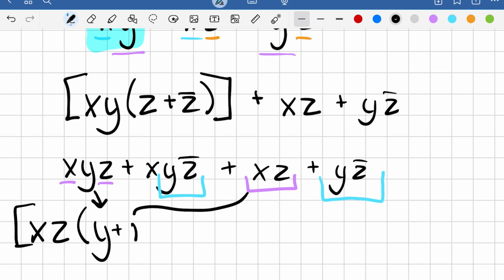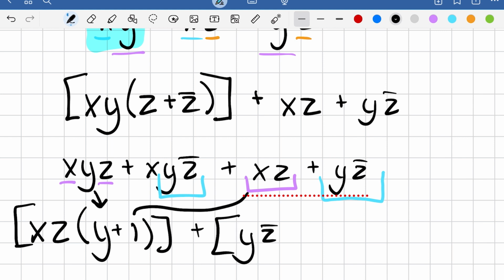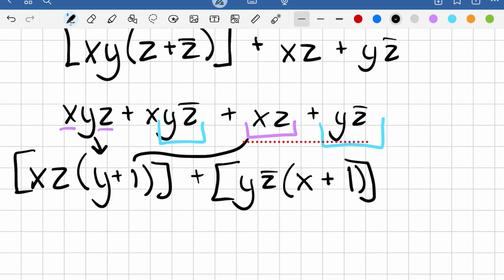So I multiply this in, I get x and z and y, or x and z. So close up my brackets, or create new brackets. This one is the y and z prime that I'm multiplying by. So I have x or 1. So, as I said before, this is just 1.